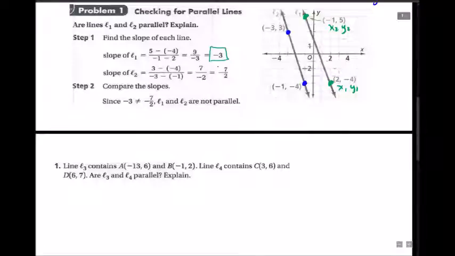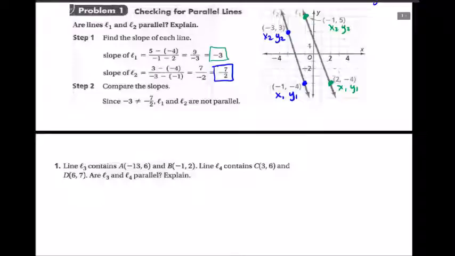And I do the same for line 2. Sorry. x1, y1, x2, y2. Substitute in my formula, and I find the slope of L2 is -7/2. Now, are those two numbers equal?